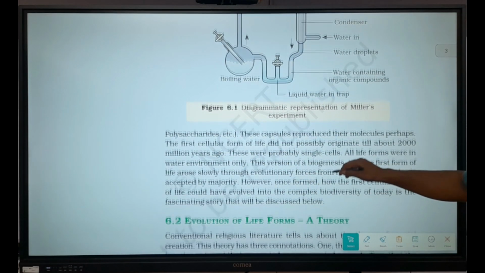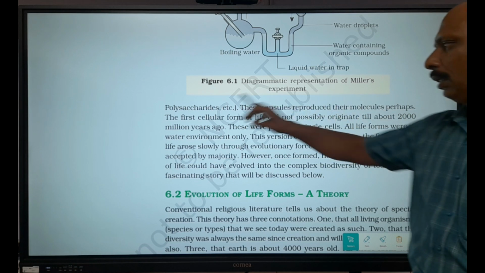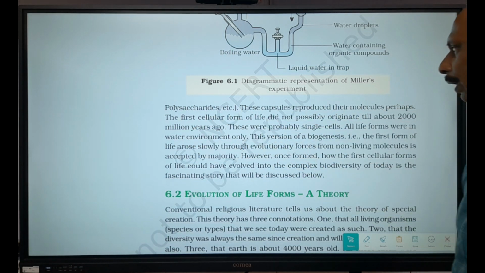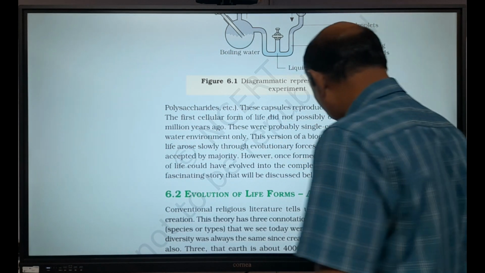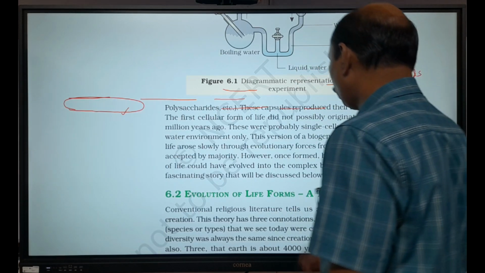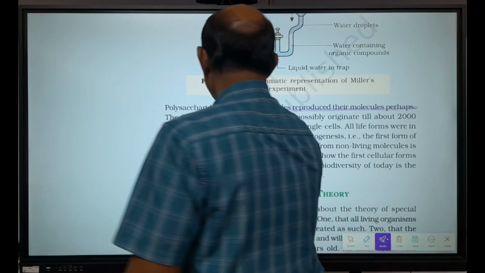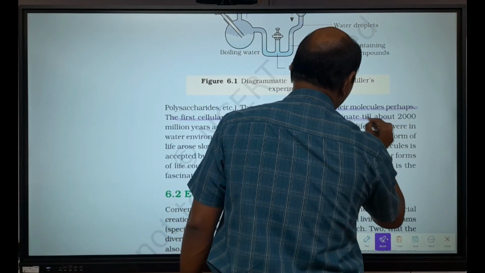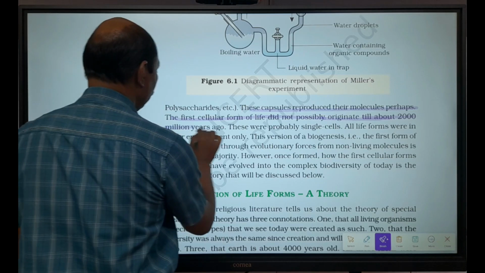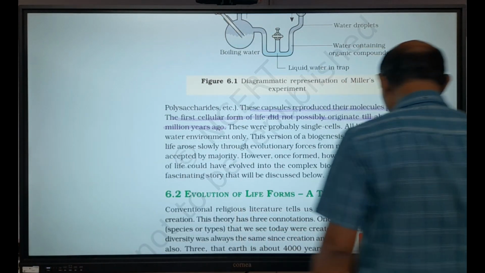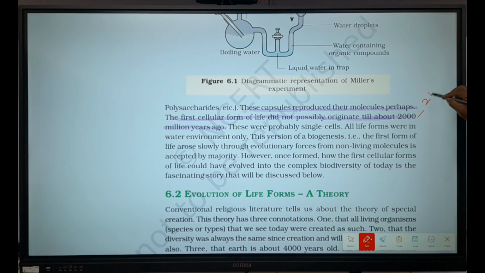These capsules reproduce their molecules. Perhaps the first cellular form of life did not originate till about 2000 million years ago. 2000 million years ago means 2 billion years ago, right?